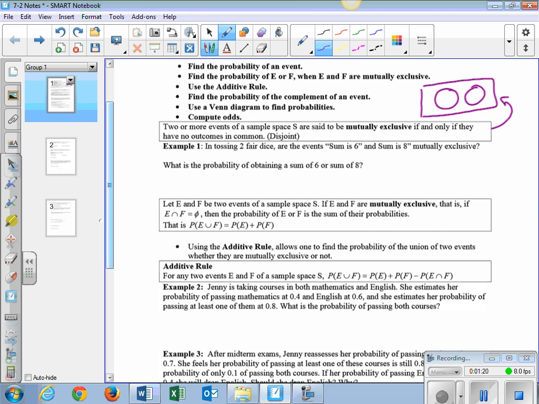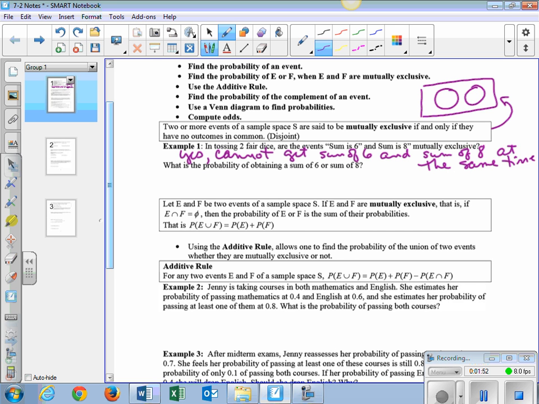So yes, we would say these are mutually exclusive because we cannot get the sum of 6 and the sum of 8 at the same time. So that's what mutually exclusive means. You cannot have something happening at the same time.